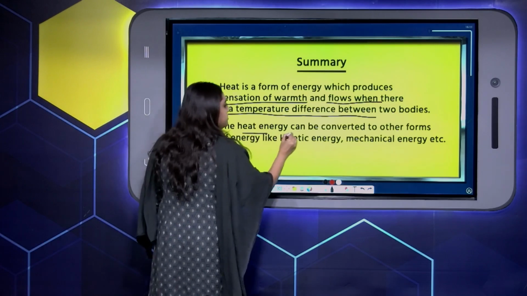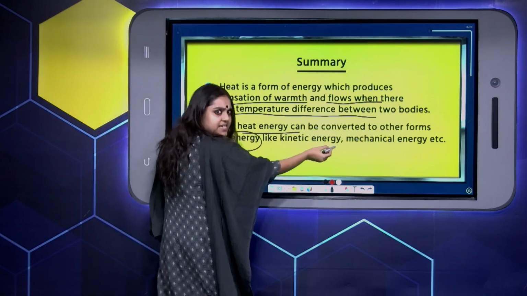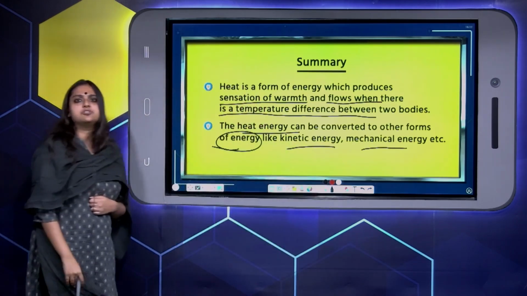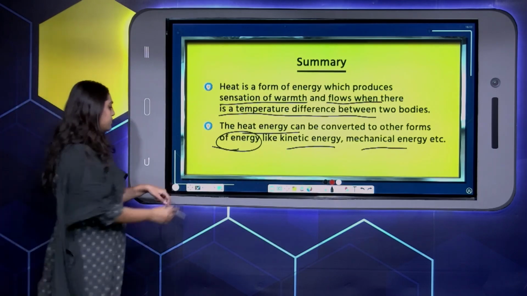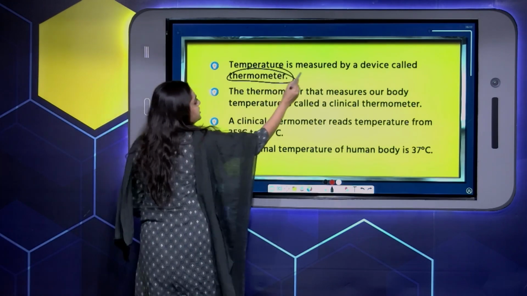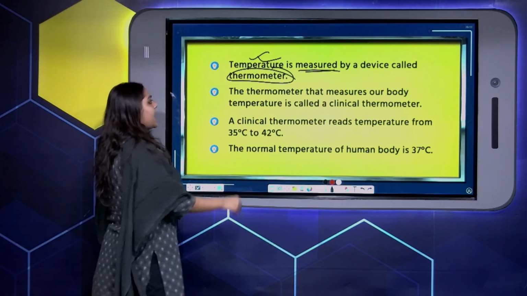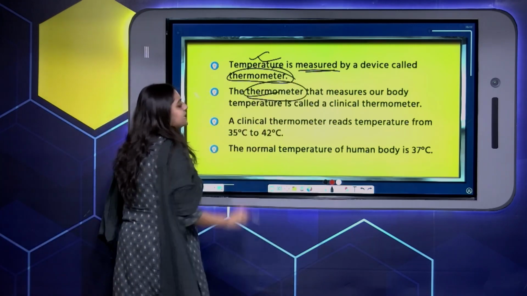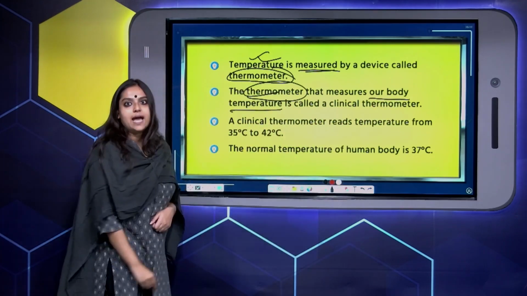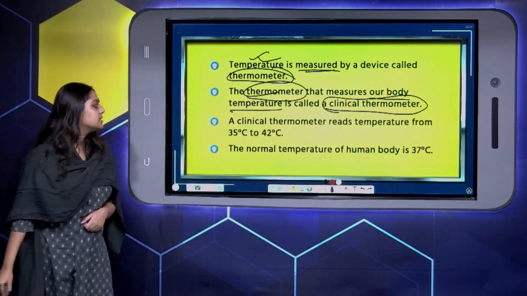Heat energy can be converted to other forms of energy like, as I've said earlier, kinetic energy, mechanical energy, electrical energy, and many more, right? Thermometer measures temperature, right? And the thermometer that measures our body temperature is known as clinical thermometer, right?